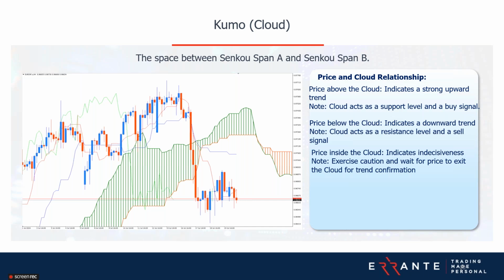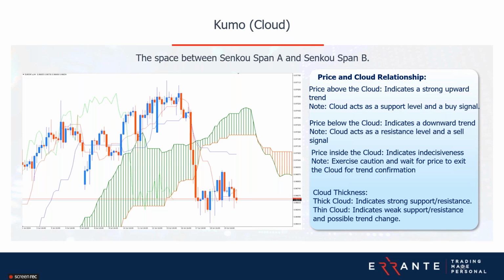So if you see the price in the cloud, you can measure the strength or significance of each component, and then the break of each one can give you a hint to the strength of a new momentum, or a new accelerating momentum in the market. Okay, so we don't trade when the price is in the cloud.